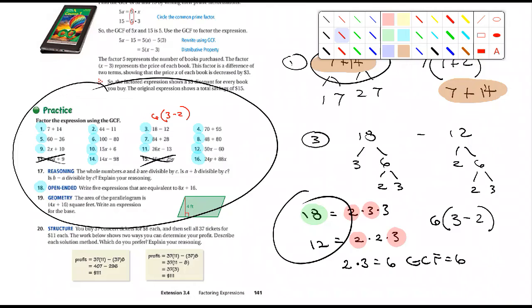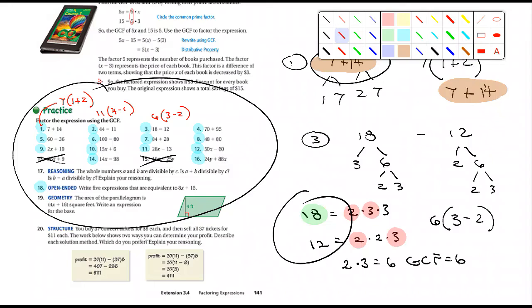And the answer to number 2, I erased that one. It was 11 and then in parentheses 4 minus 1. And number 1 I still have there. It was 7, in parentheses 1 plus 2.